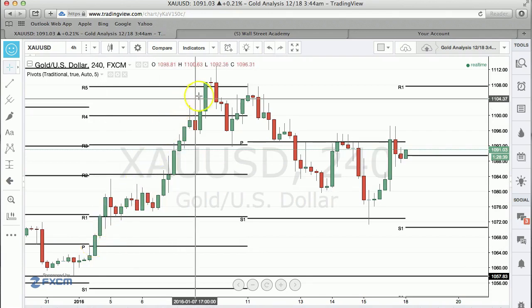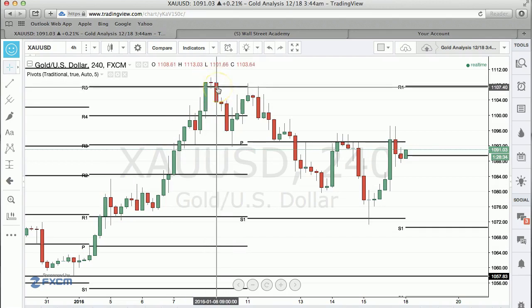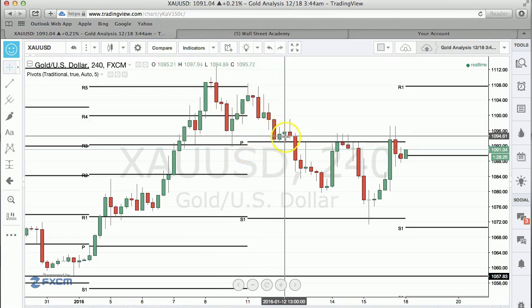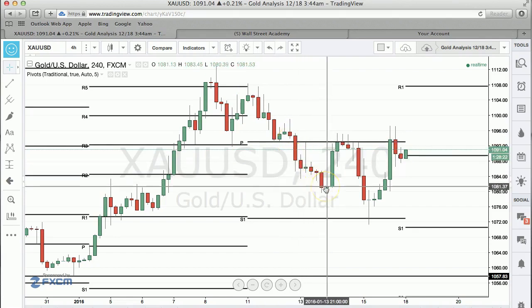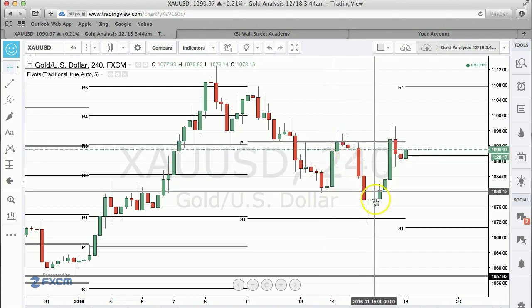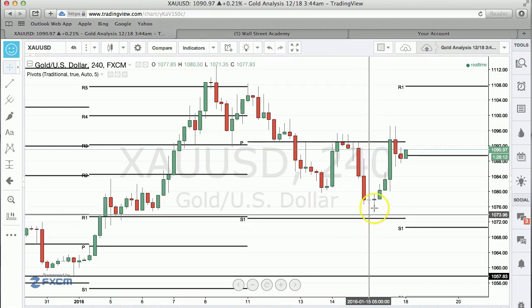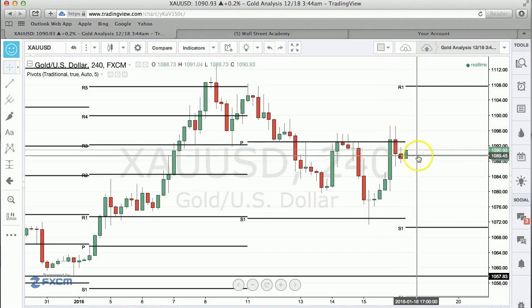It actually came all the way up here to the 5th level of resistance, reversed, a new week's pivot had been created, and then price approached this pivot point and actually closed below the pivot point before reversing, touching that pivot point, reversing. It looks like it wicked off of the first level of support and then came all the way back up here to the pivot point, reversed, and now it's sitting on the new week's pivot.